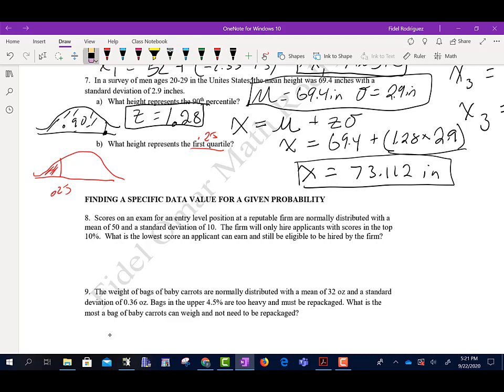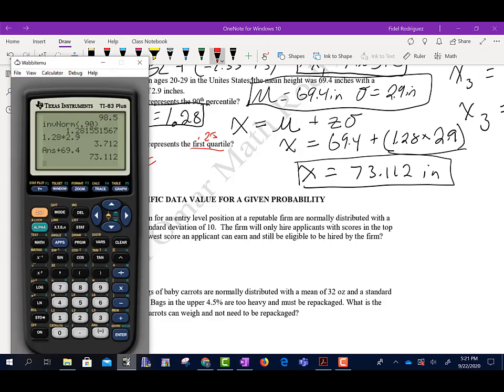We don't need to call it z1, we're only finding one. What is the z-value that corresponds to the area to the left being 0.25? So let's go second, bars, to our inverse norm, hit enter, 0.25, close it off. Should get a negative number, negative 0.67.